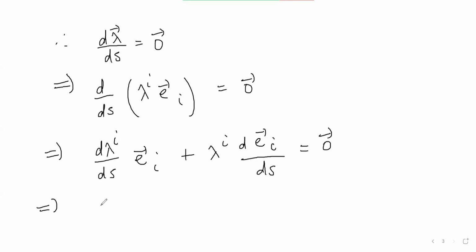Using dot notation, this is lambda dot I multiplied by ei, our base vector, plus lambda I multiplied by e dot I, which is equal to the 0 vector.